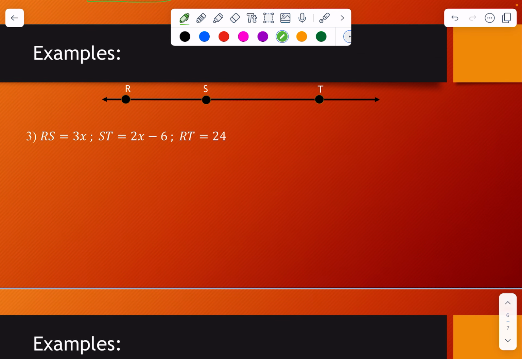So now we're just going to put a little more algebra into it. Here we're going to start off, and RS we know is 3x. ST we know is 2x minus 6. And we know the full length is 24. Okay, so we set it up. We go 3x plus our value of 2x minus 6, and that has to equal 24.